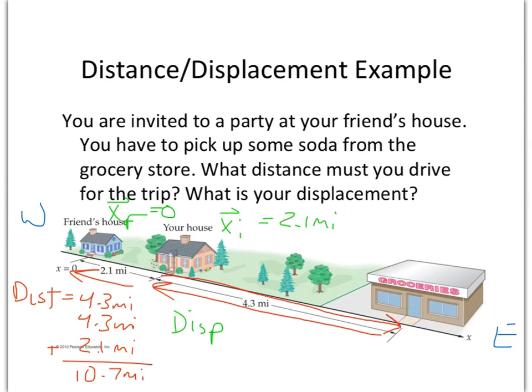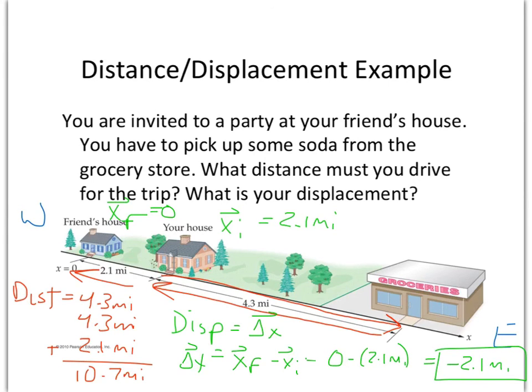All right, so your displacement is going to be your delta x, your change in position right there. Now remember, delta x equals final minus initial. Okay? So that's going to be 0 minus 2.1 miles. And of course, you can do that in your head. That is negative 2.1 miles.